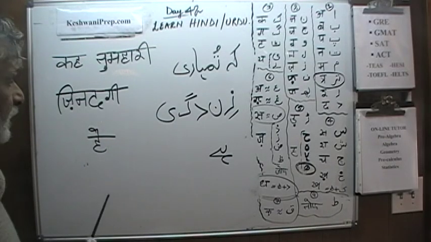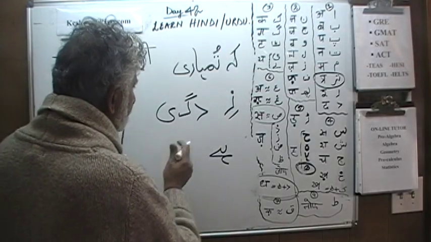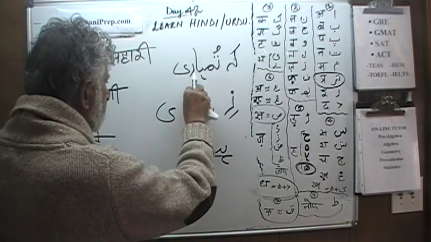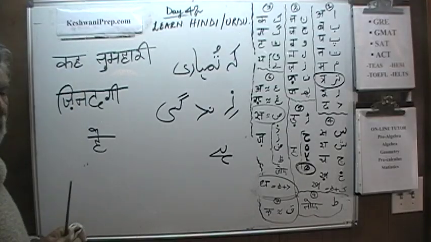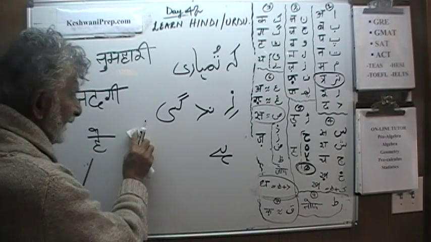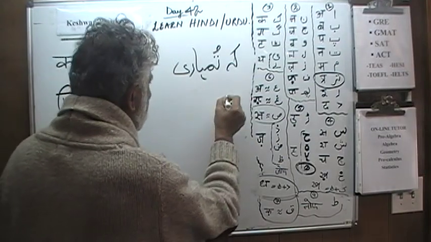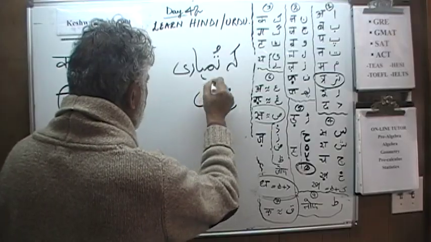Let's do it together. So what's going to happen is that this guy is going to get up and join the dal. And this guy is going to get up and join the badi. And now we have to write in a little bit better way. But that's the idea. So zindagi.